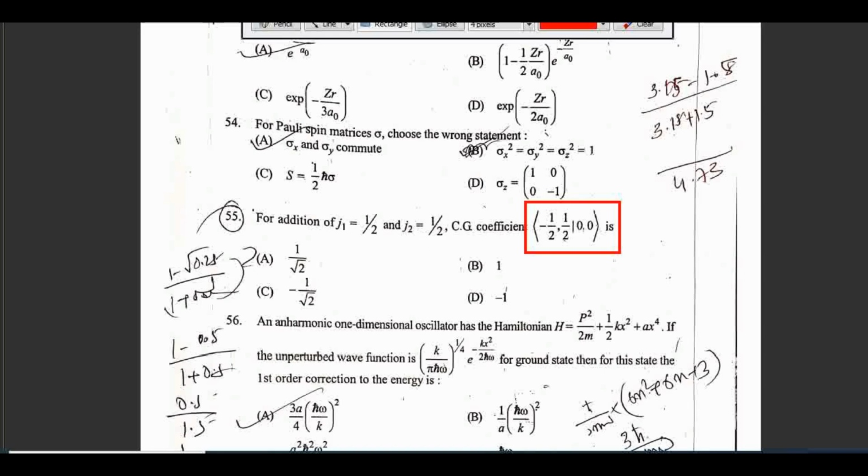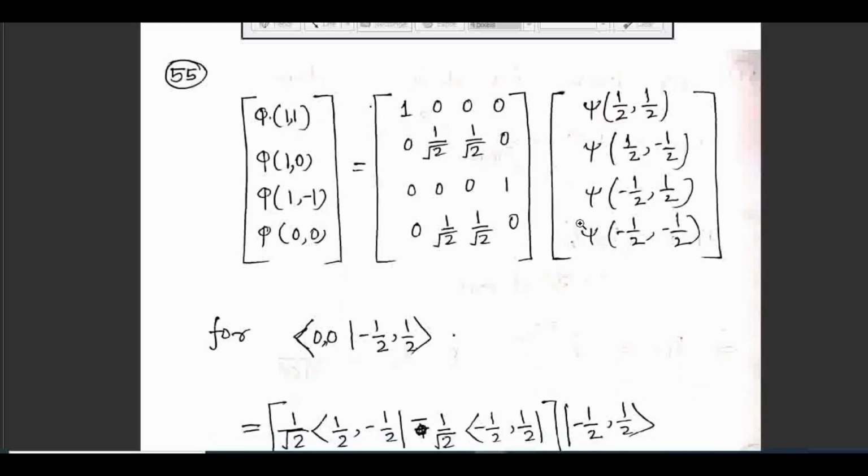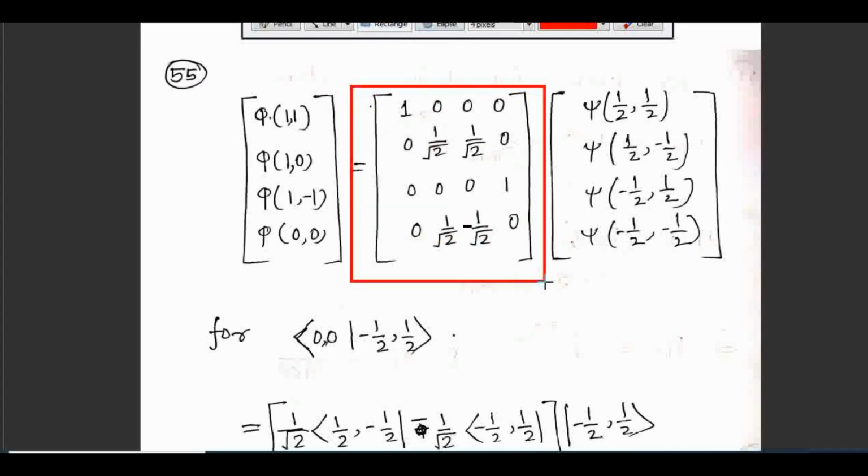If you see the solution, this is the Clebsch-Gordan coefficient matrix. Here, this is one kind of basis system, and we are trying to transfer this basis into another basis system, that is this basis system.